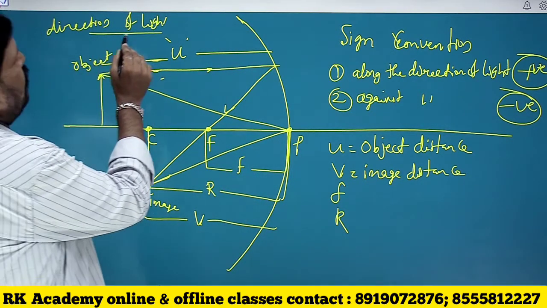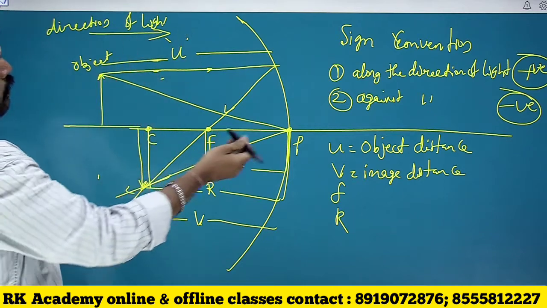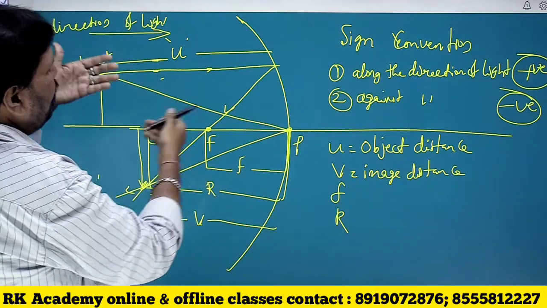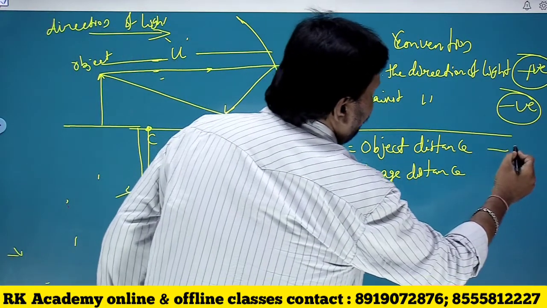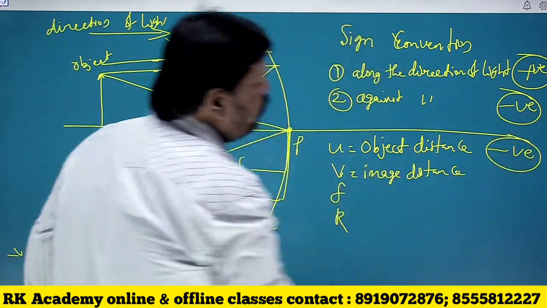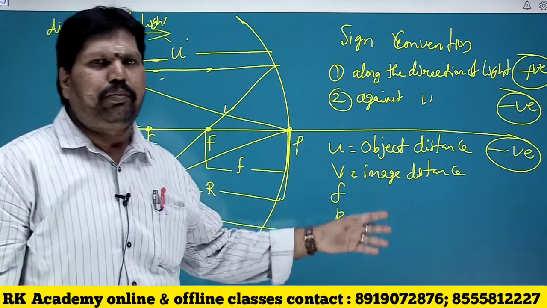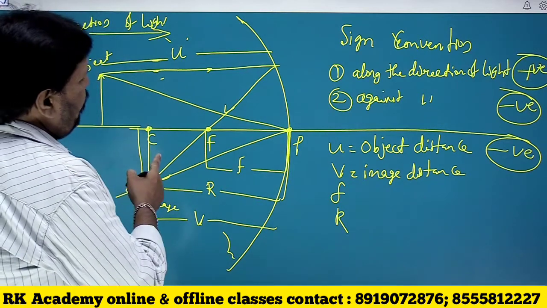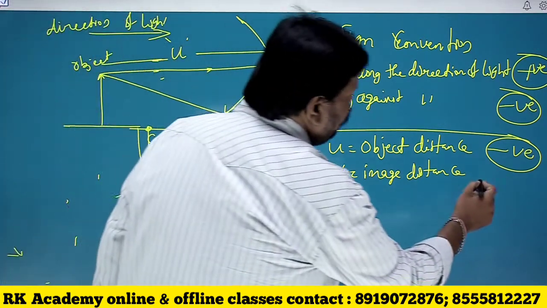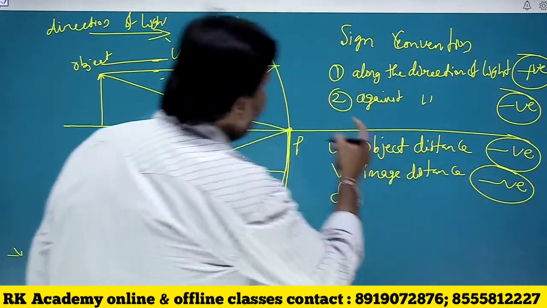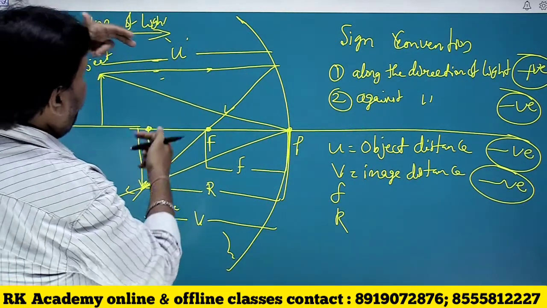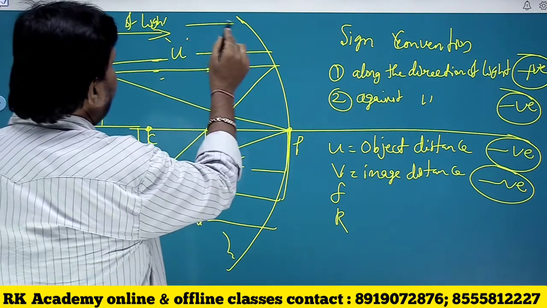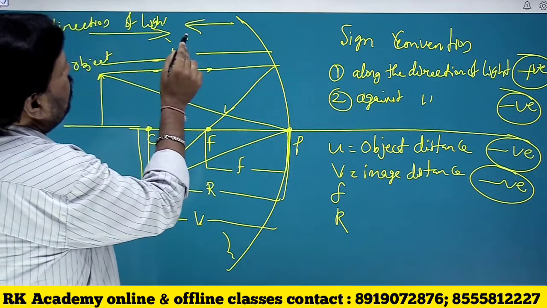See, this is the direction of light. You are measuring from pole, object, we are moving against this, so that object distance is always negative. Object distance is to be taken always negative. For concave surface, the image distance is also negative, because this is also against the direction of light. Here we are measuring in this direction and light is moving in this. Both are opposite.